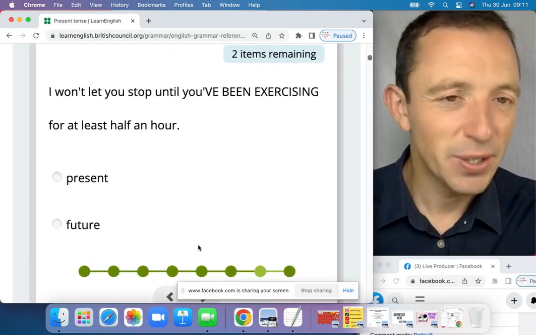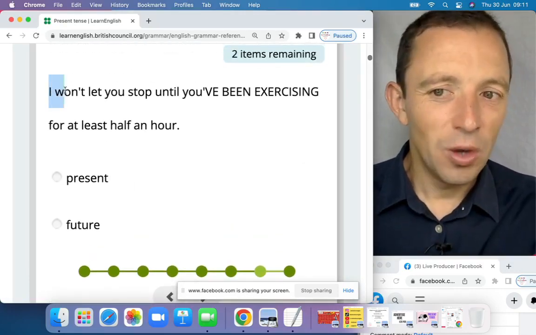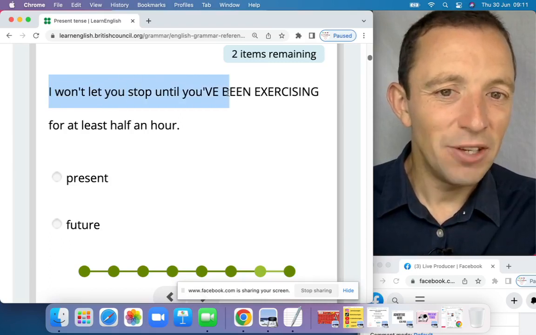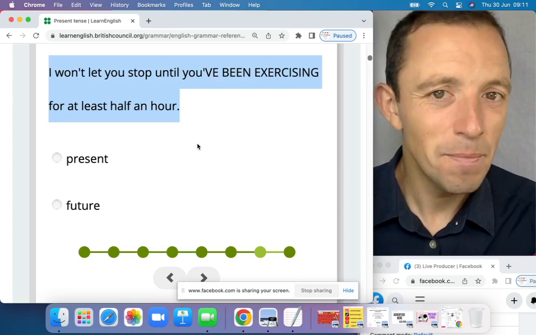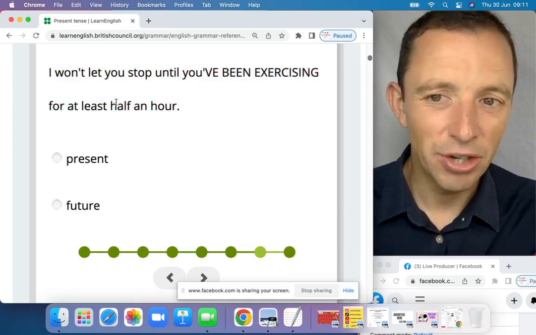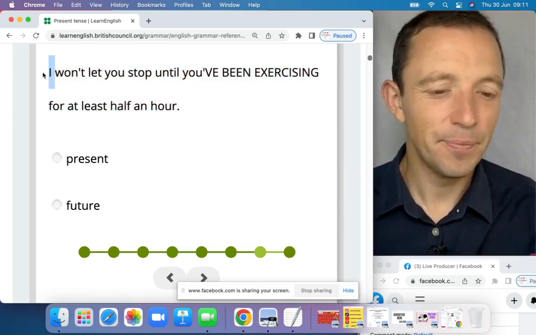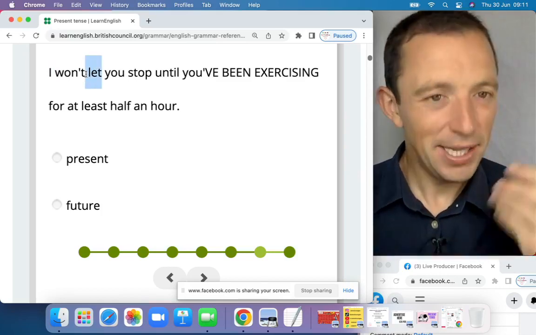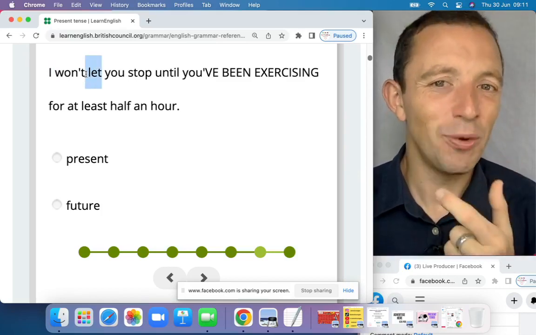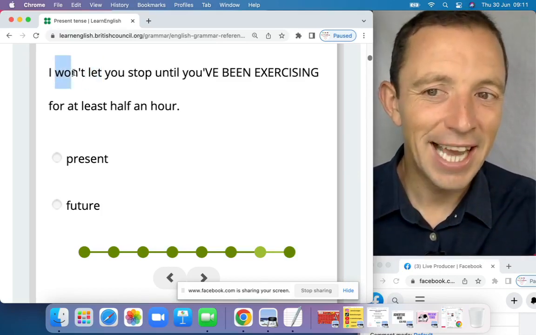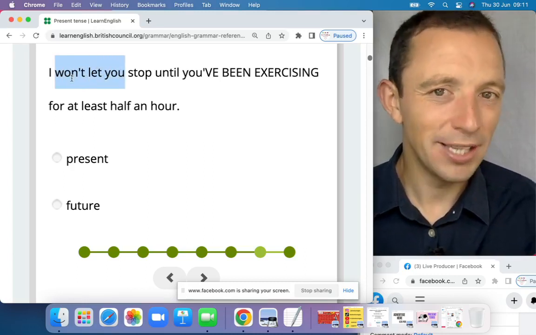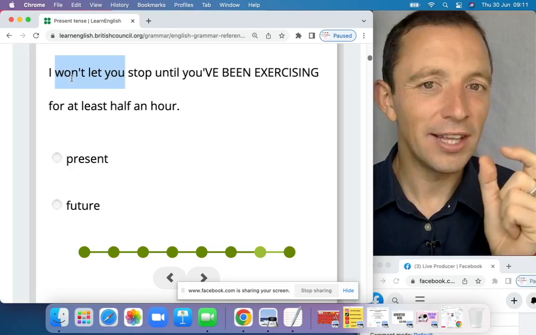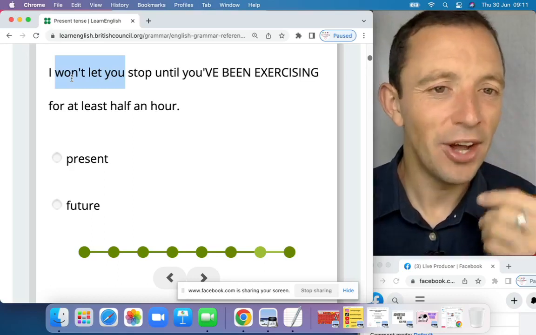Yes, next question. I won't let you stop until you've been exercising for at least half an hour. Very particular example, very tricky. Subject I. The verb to permit or to let or to allow. And in the negative, I will not let you. This is the modal in the future, will, in the negative. I will not let you stop.